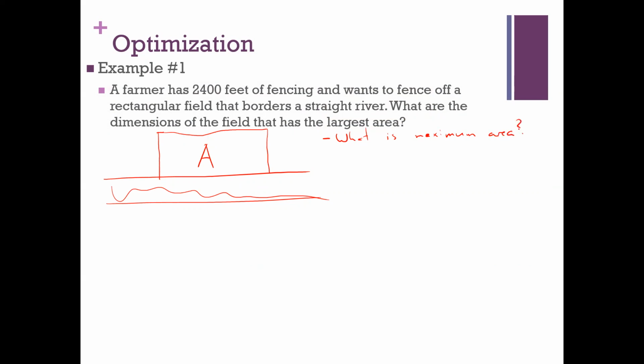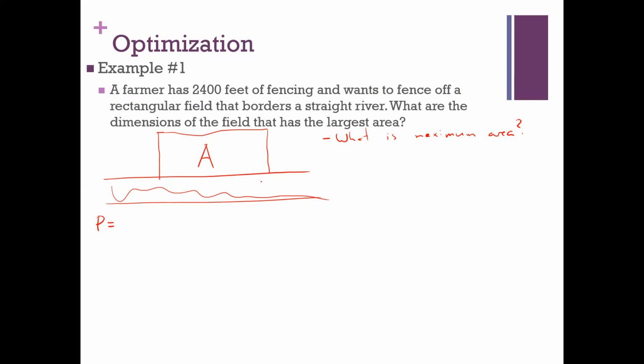Okay, so I have 2,400 feet of fencing. How is that going to play in? How can I find the perimeter in this case? So usually it would be length plus width, and then you double that, right? I don't think that's going to work in this situation.